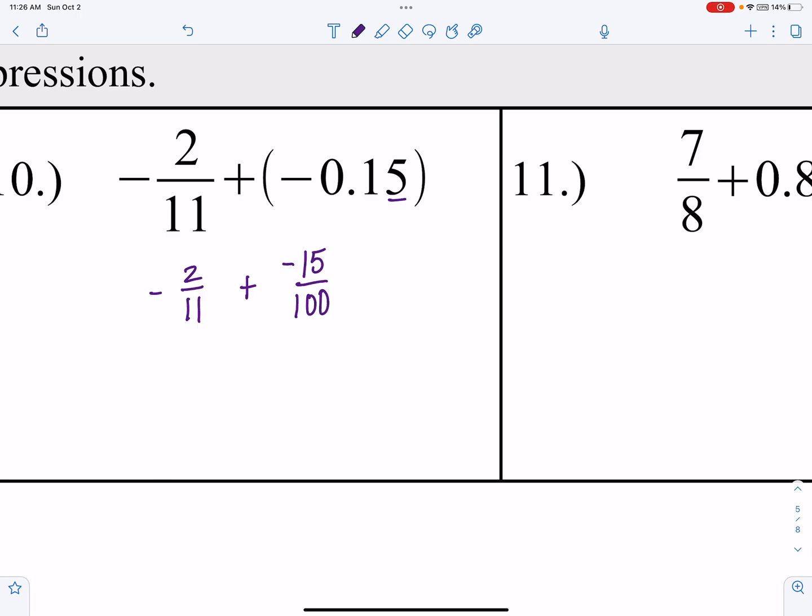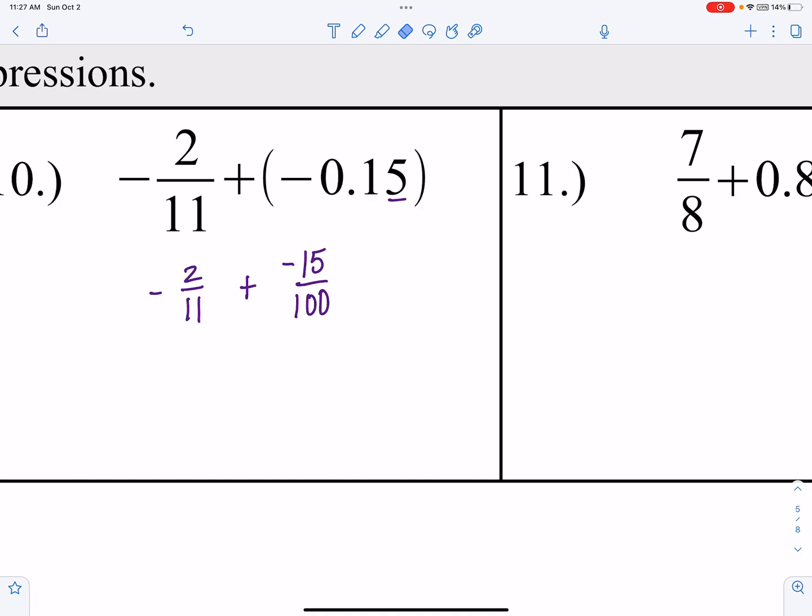Now I can't turn the 11 into 100, so right away, if I'm being honest with you, that is sort of a pain because we already have quite a big number on the right-hand side. You could just multiply by each other's denominators, but you're going to end up with a really big number.